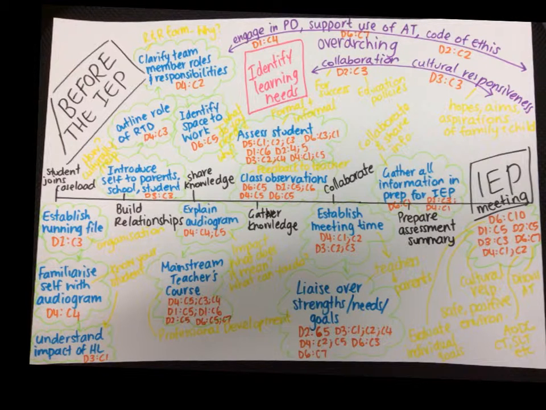So I keep a profile form in there. I keep their audiological records, an audiogram, and any other records or letters we've had from the audiologist. It's where I keep their assessment once I undertake that, and I keep all their planning and their IEP. So the running file is really just the one place where I can pick up and go. It's got everything in there that I need for my student.